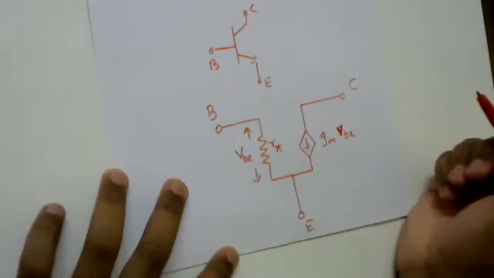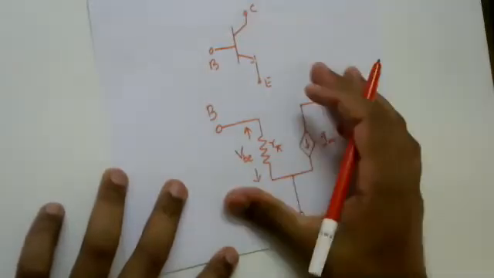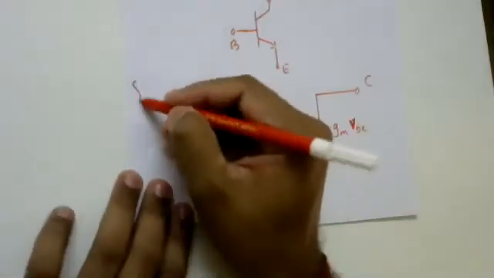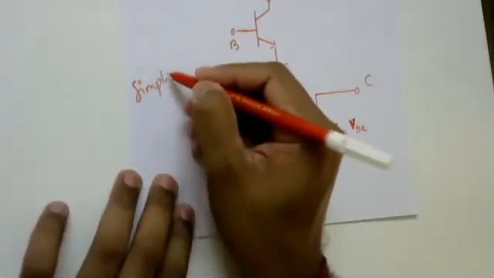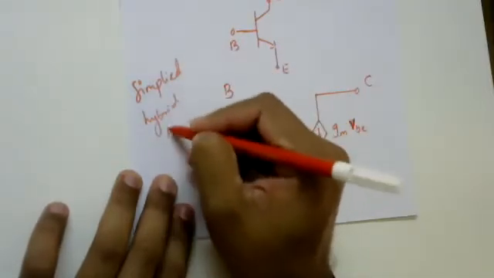Is it clear to you? So this is what I can call the simplified hybrid pi model.